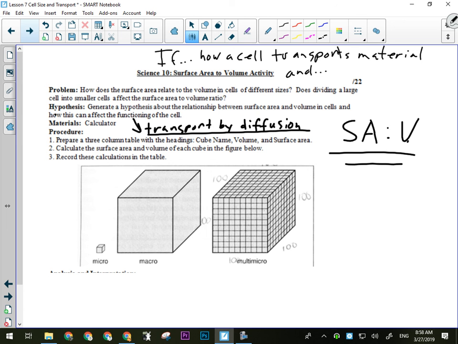Our then part needs to talk about what we're going to see. Will cells that are bigger have poor surface area to volume ratios or not, and what is that going to mean for them?